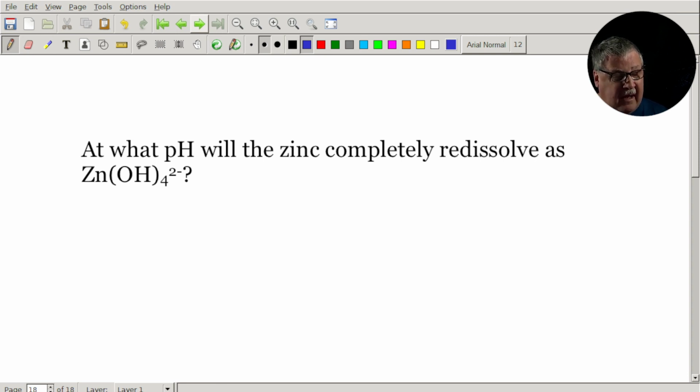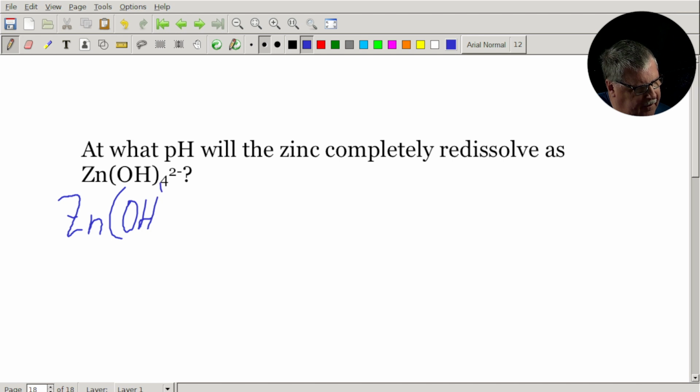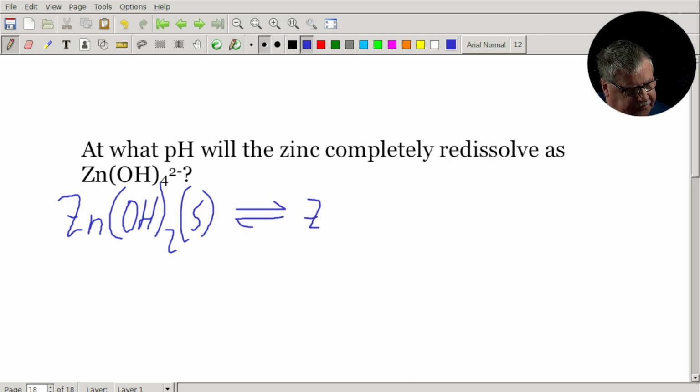All you have to do is recognize that what I'm looking at here is a complex, which means I need to look up Kf values. So let's write down what we have so far. We have the solubility product constant for zinc hydroxide, and that represents this equilibrium.